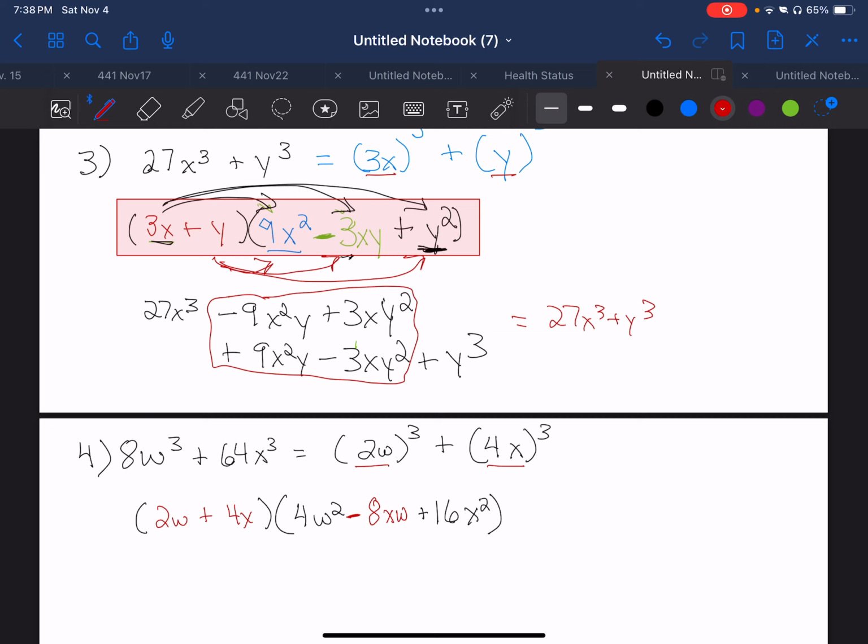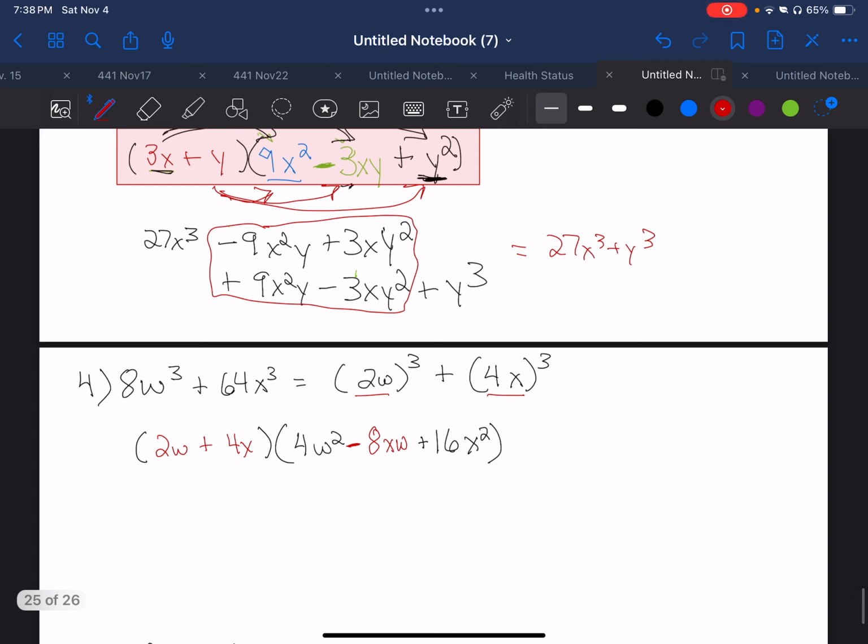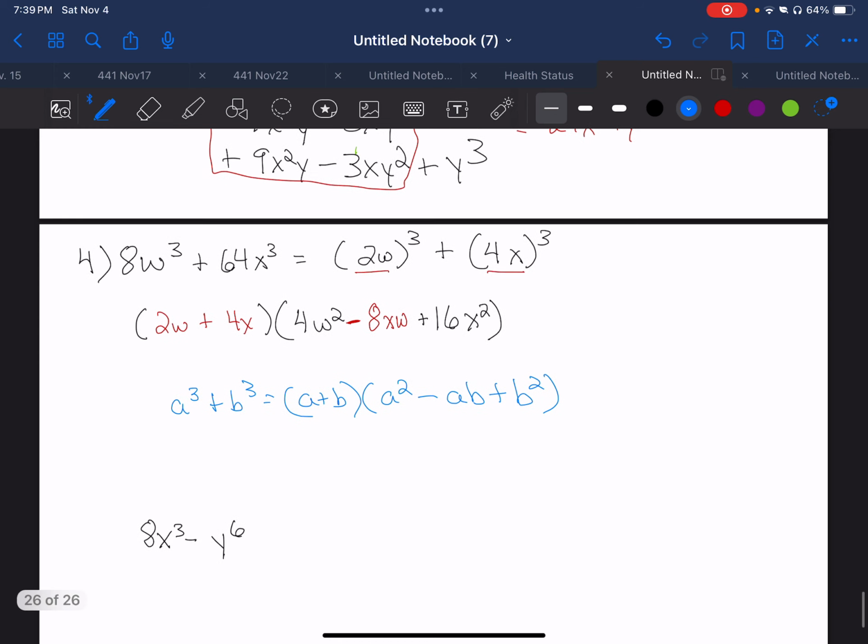So if you like a formula, what we're doing is a cubed plus b cubed equals a plus b, a squared minus ab plus b squared. Ignore the formula if you like to reason it out, but some people like formulas.